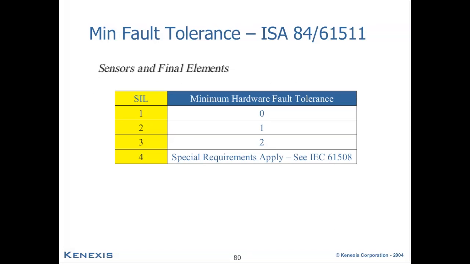Defining the minimum hardware fault tolerance within ISA 84.01 for sensors and final elements is based upon the SIL level provided. For each SIL level of 1, an additional degree of hardware fault tolerance is required. The requirements for SIL 4 are specifically defined as a part of IEC 61508.